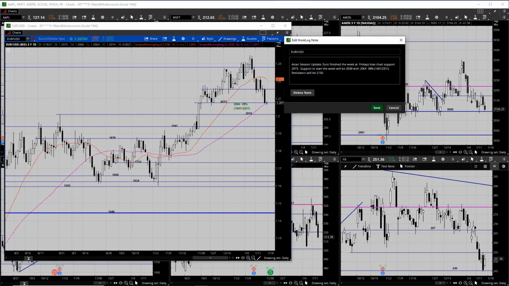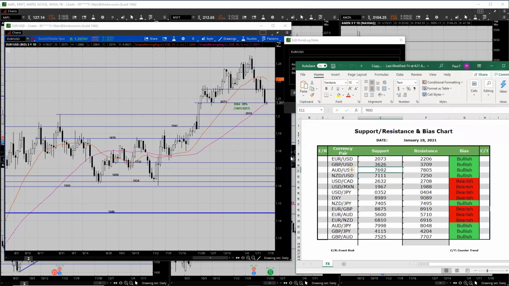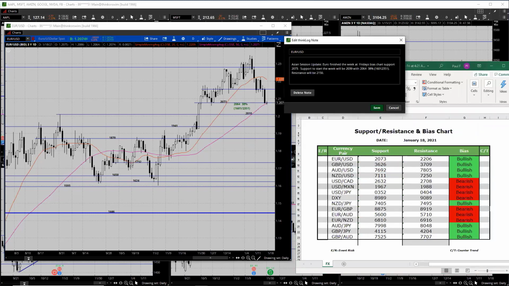You can see that there. And there's our 2073 there. Let's kind of tighten this up a little bit. Support to start the week will be 2039, with 2064 being the 38%, and resistance will be 2150.